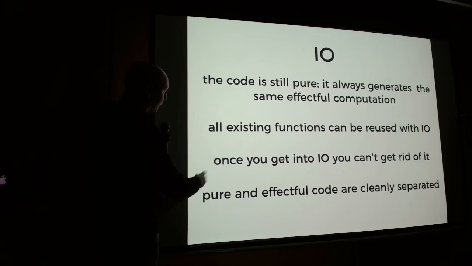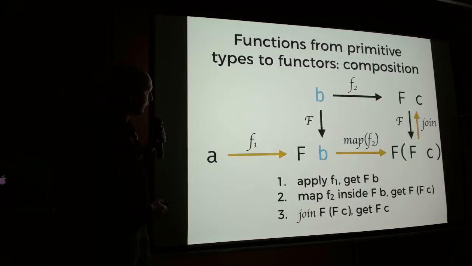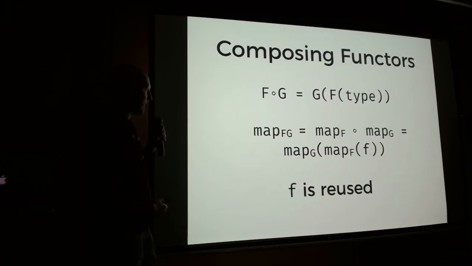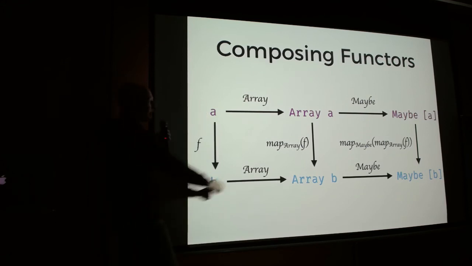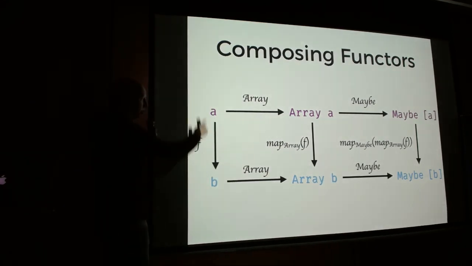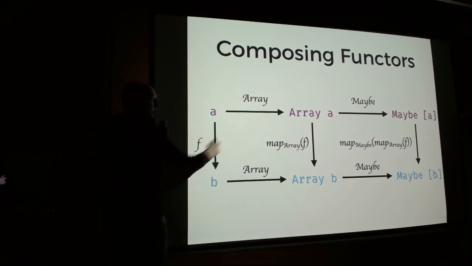And finally, you can separate, imagine you have I/O here instead of array. So you can still separate your pure code without side effects, and then just lift it into I/O by using map.